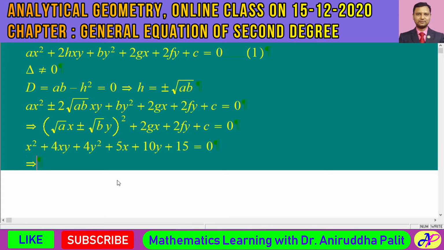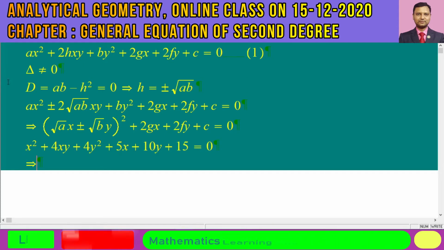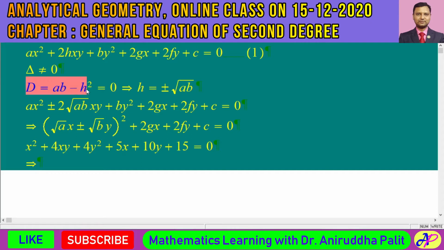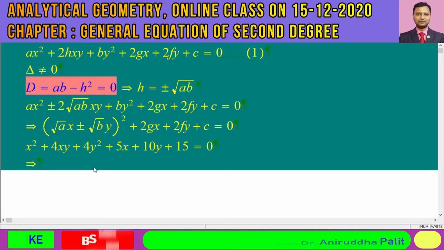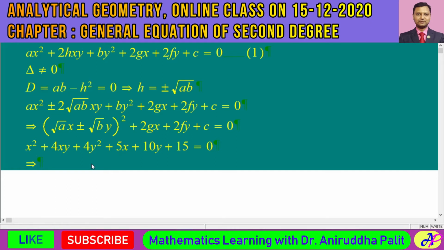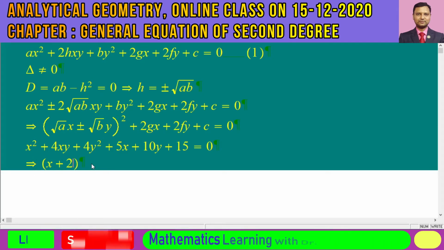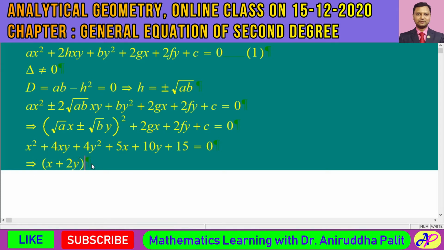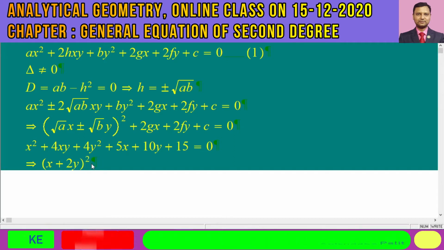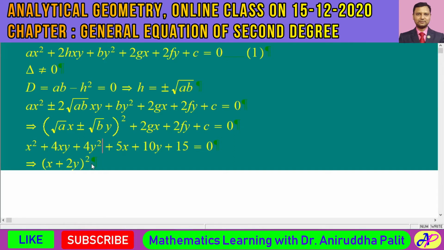So I'm not writing this one, and you will ultimately see that over here d becomes equal to 0. ab minus h square would be equal to 0. And as a result, these first three terms would constitute this kind of expression, x plus twice y whole square. And the remaining expression would be this kind of expression.